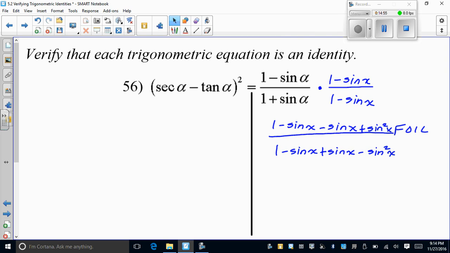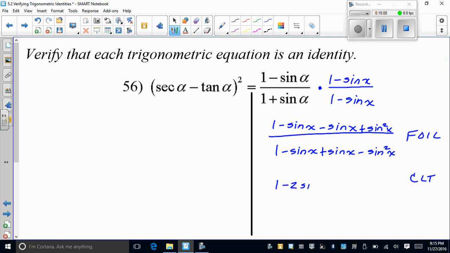And sine times sine, 1 positive, 1 negative gives us a negative sine squared. Okay, so combine like terms. So I get 1, negative and a negative, so negative 2 sine of x plus sine squared over, and these two guys are going to cancel out, so you're going to be left with 1 minus sine squared of x.